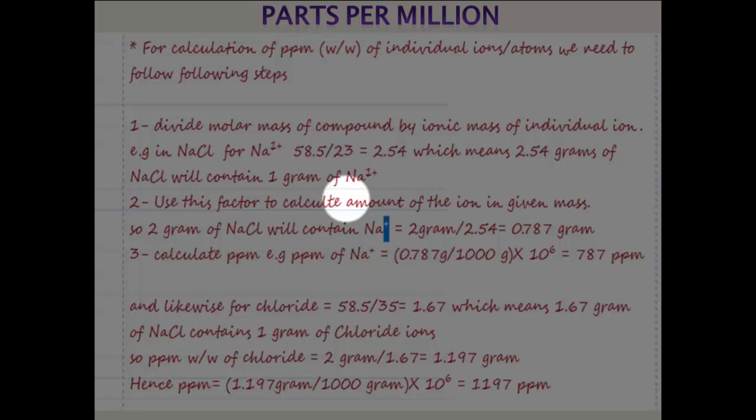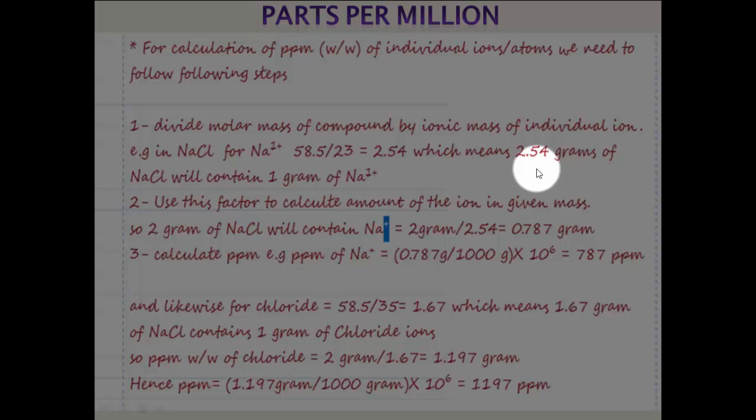And by using this factor, we can calculate parts per million values of sodium ions and chloride ions as well. So the first step is to divide the molar mass of the compound by the ionic mass, to basically get this factor.